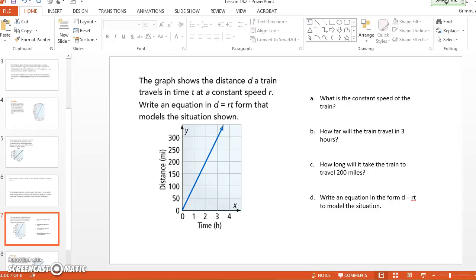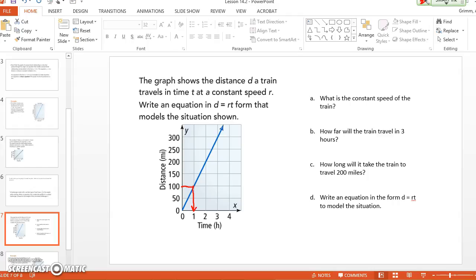Okay, that models the situation. So let's start with letter A. What is the constant speed of this train? What is it? How'd you get that? Yeah, right here. Here's your time in 1 hour. It can go 100.